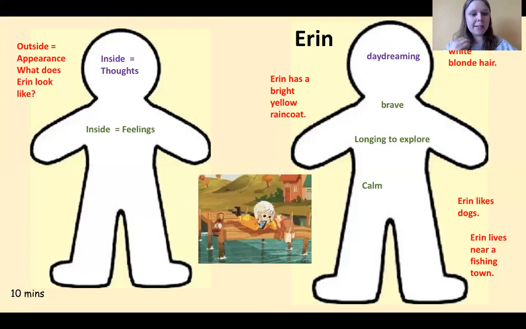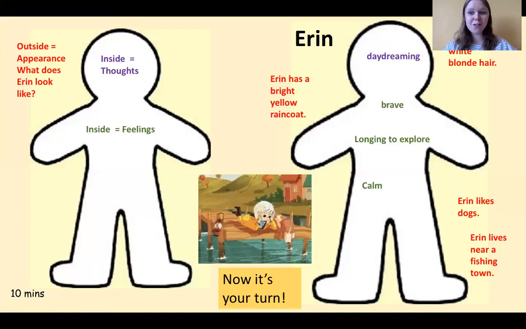What else could you put inside about her feelings, or what about her thoughts, her behaviour? Okay, that all is about her personality and her appearance. Okay, so have a go at that. You can have about 10 minutes, so you can pause the video and have a look, and then we will move on to the next one.